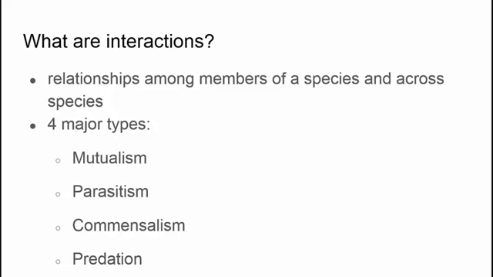A mutualism is when both species involved in an interaction benefit. A parasitism is where one species benefits and another species is harmed. A commensalism is where one species benefits and the other species is neutral. And the last kind of interaction, predation, is obviously where one species benefits and one species is harmed.